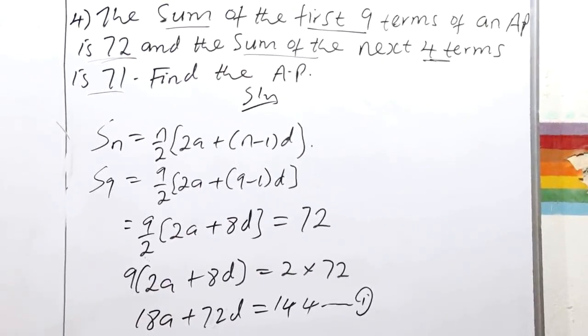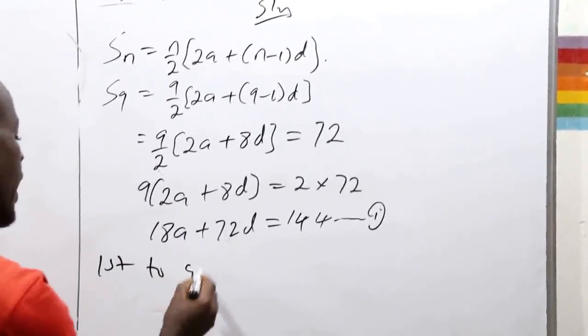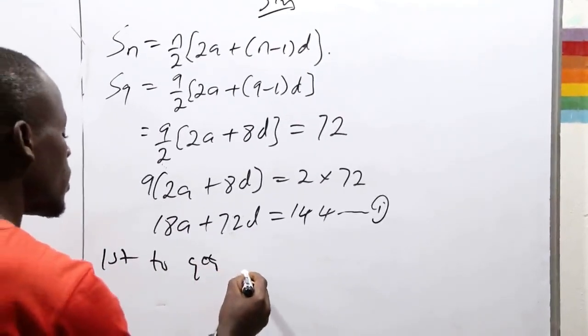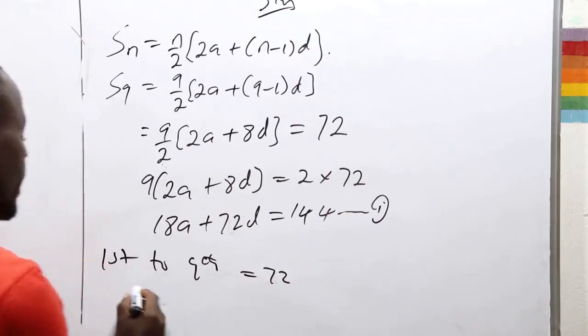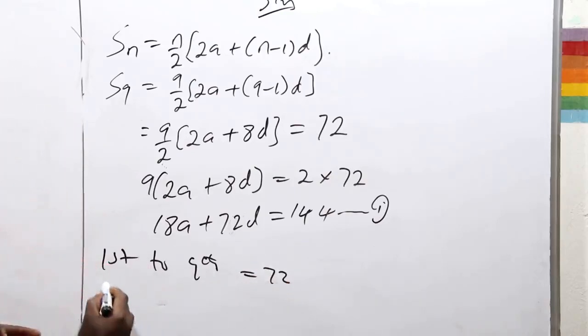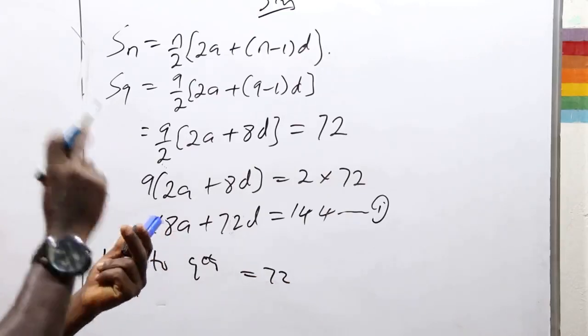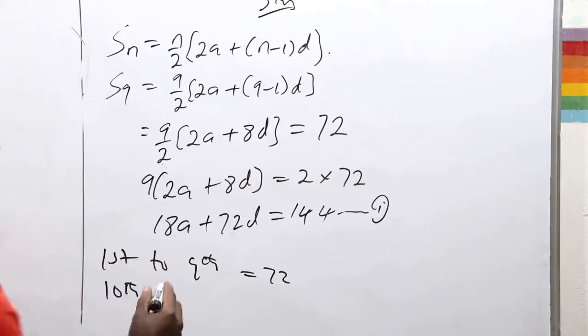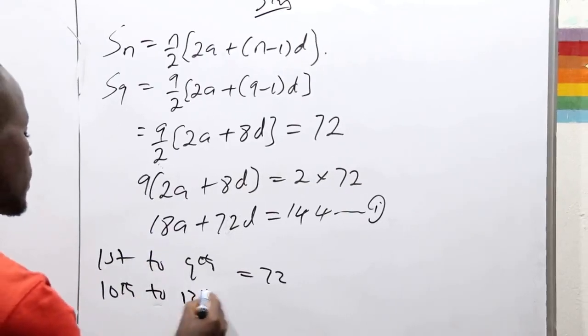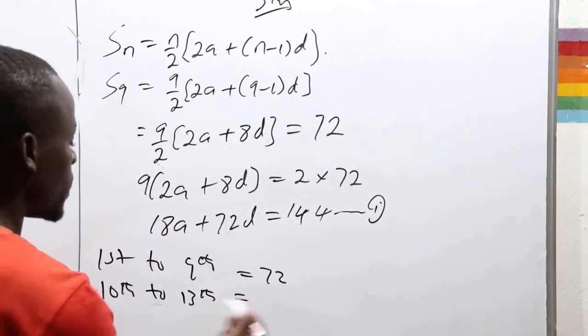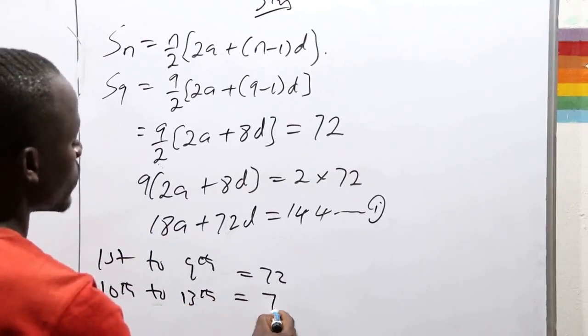That is to say that the first to the 9th term is equal to 72, right? Then after the 9th term, we are going to get the 10th term, the 11th term, the 12th term, and the 13th term. That is to the 13th term. If you add just within this range, you will get 71.